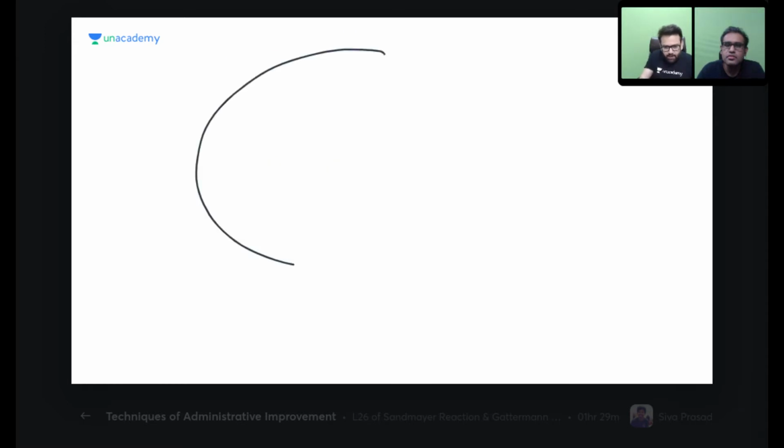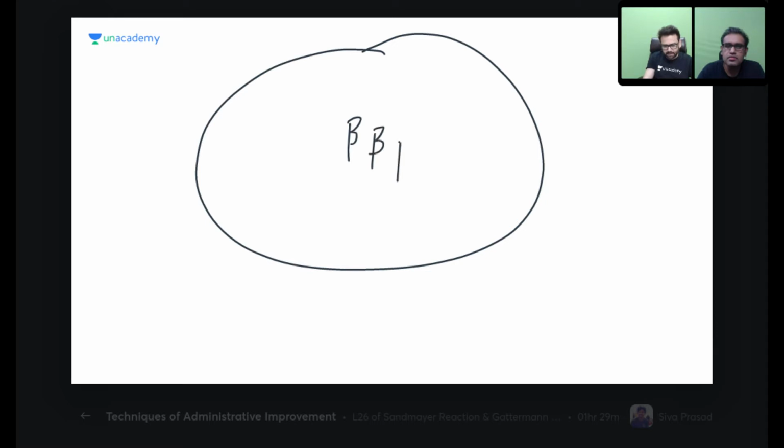If you look in the islet of Langerhans, as you know, there are beta cells, alpha cells, and delta cells. Beta cells are mainly in the center, and they are surrounded by alpha cells in the periphery.